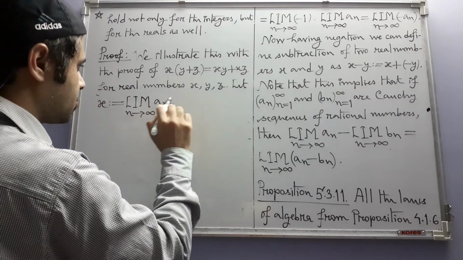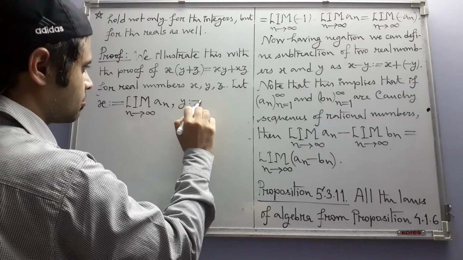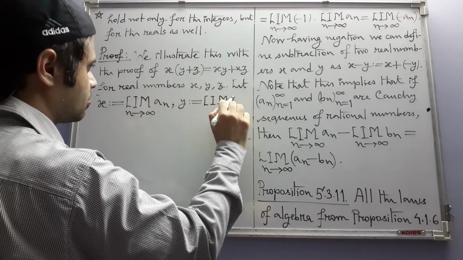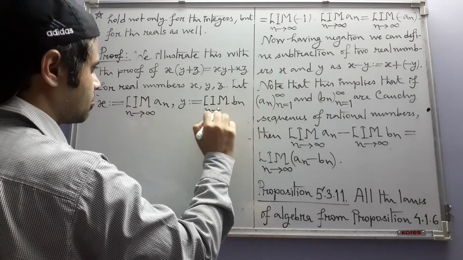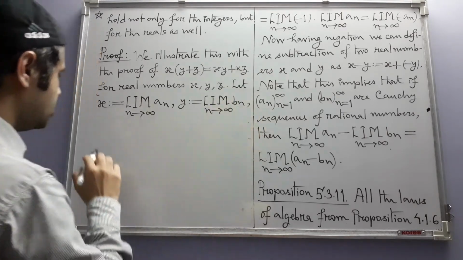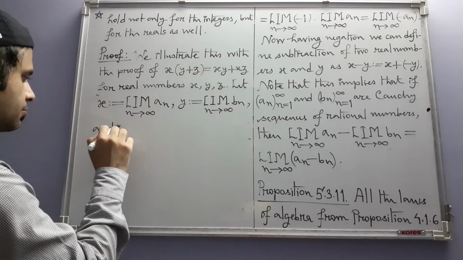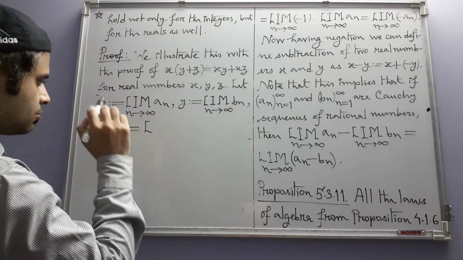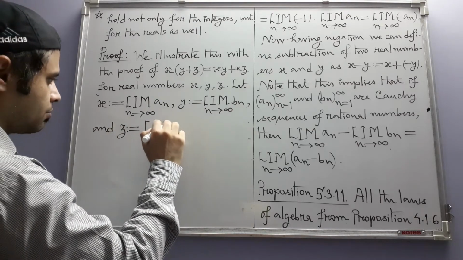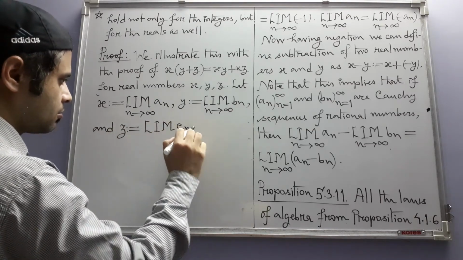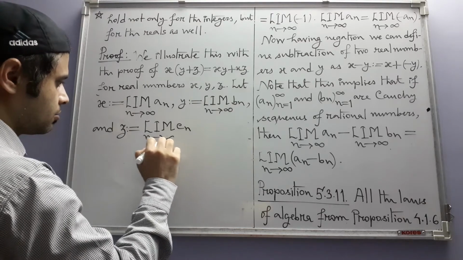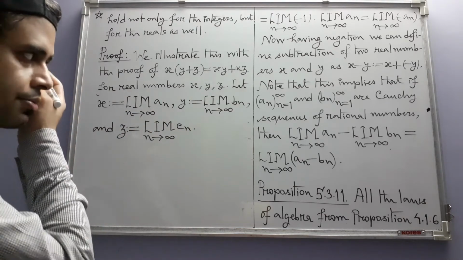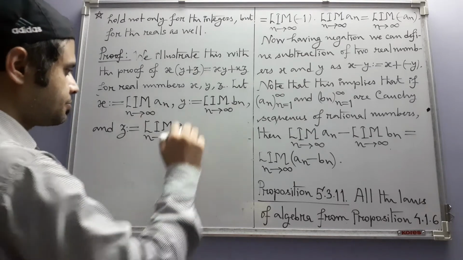Let x be this formal limit of An, y be this formal limit of Bn, and z be this formal limit of Cn. An, Bn and Cn are Cauchy sequences of rational numbers.